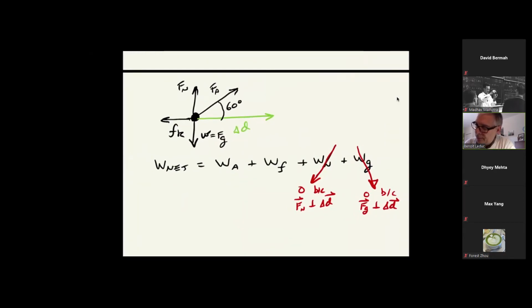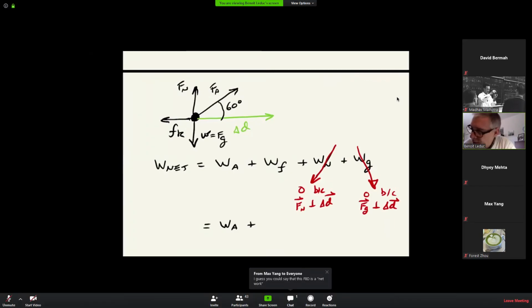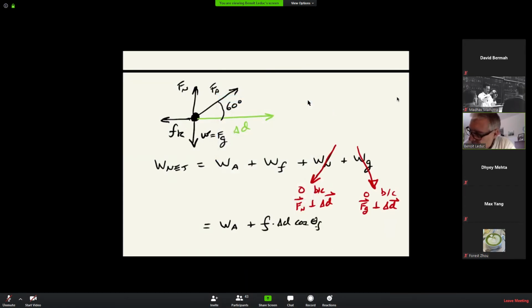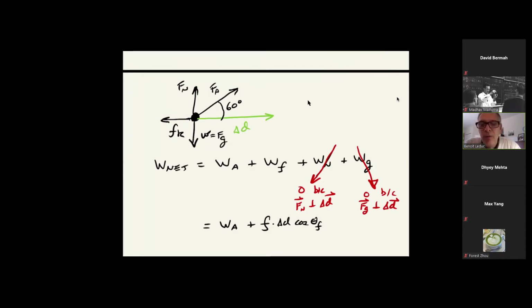All right, so now we already computed this, so I can put the value, but I'm not going to put the value yet. Okay, so this one here is what? This is going to be the work of friction: the friction times the displacement times cos of theta f. Theta f is the angle between friction and the displacement.